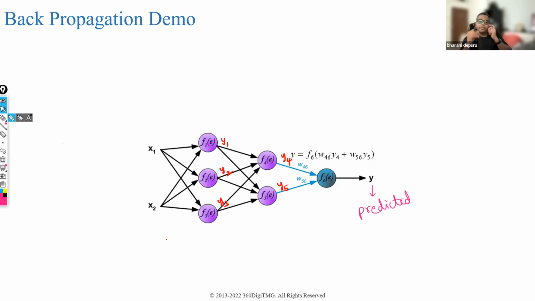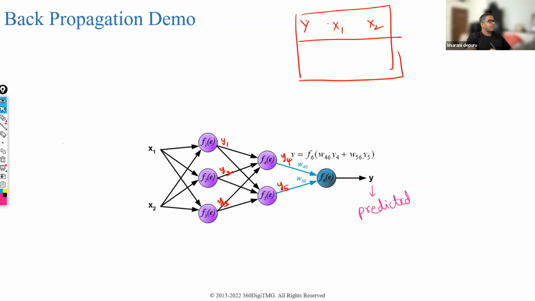The moment you get the predicted value, what should you do? You have to look at your data. Okay, you have your data, right? Output and inputs. And then say you have 10,000 observations. Say you're taking the first row and passing it through your network, a forward pass.